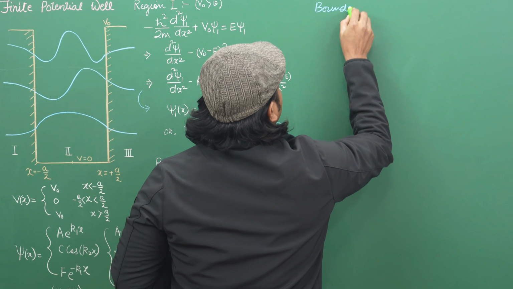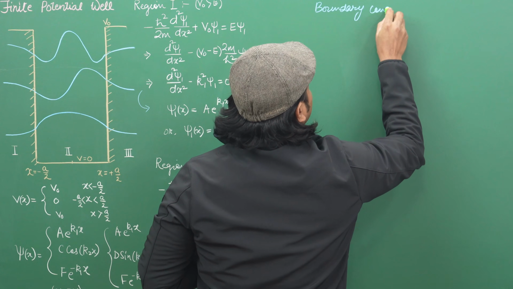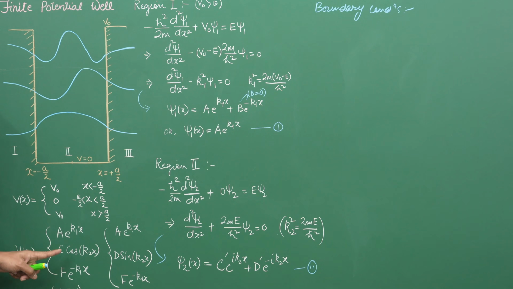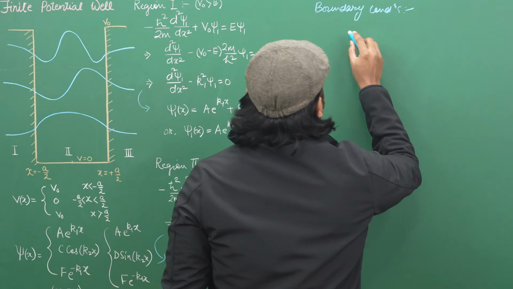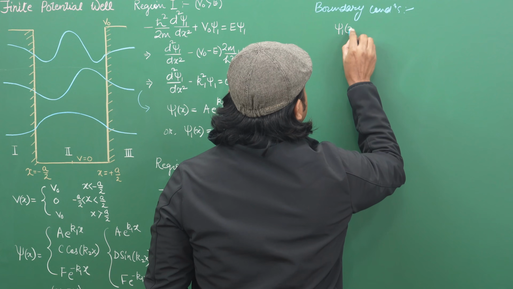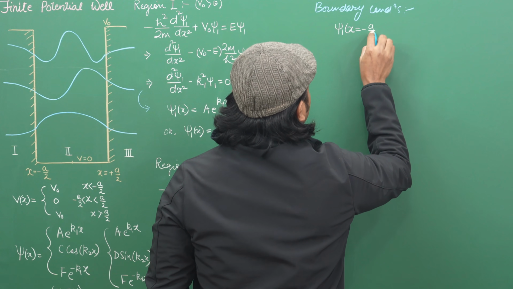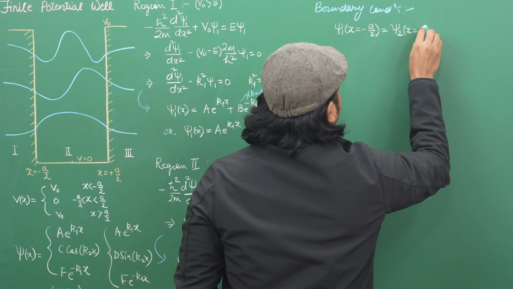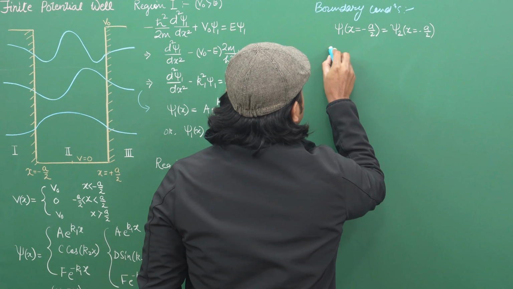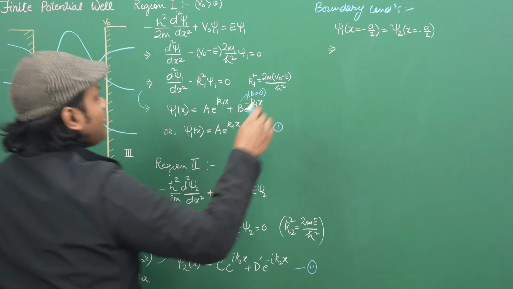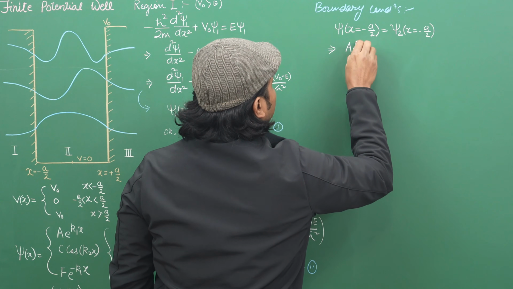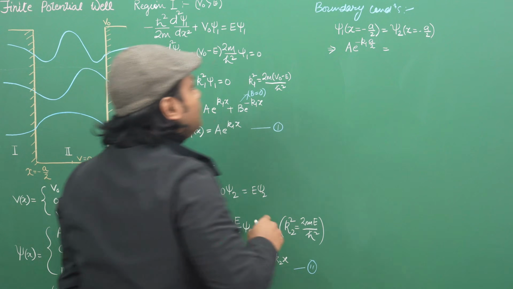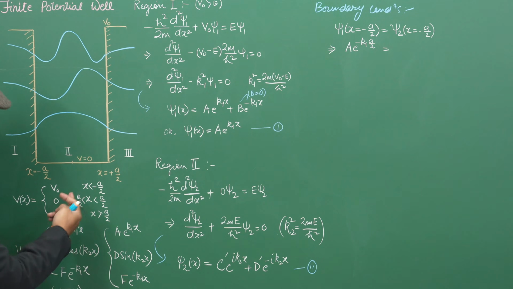So let us apply the boundary conditions and take these calculations forward. As we go from region number 1 to region number 2, I want to say that psi 1 x at minus a by 2 is equal to psi 2 x at minus a by 2, which gives us the equation capital A e to the power minus k1 a by 2 is equal to, now here we have to distinguish between the even and the odd function.